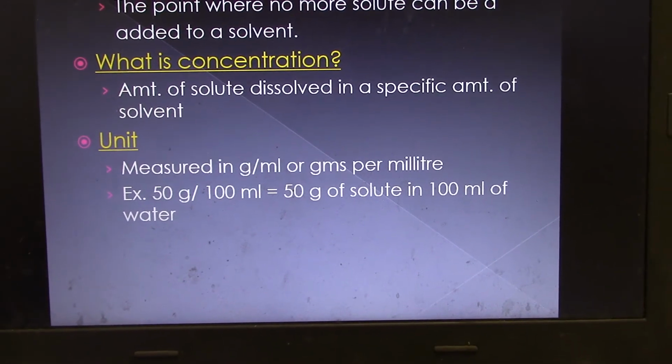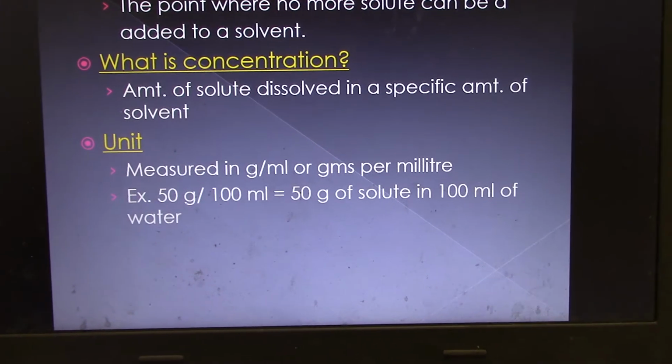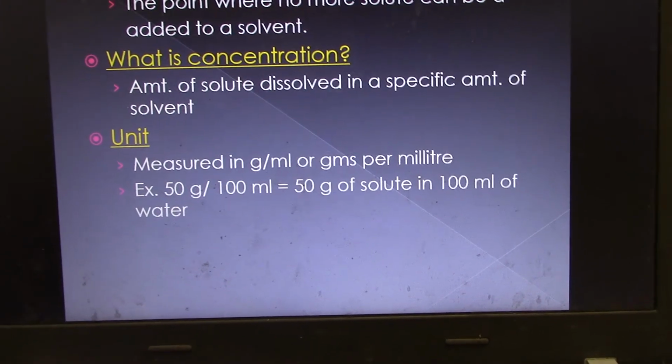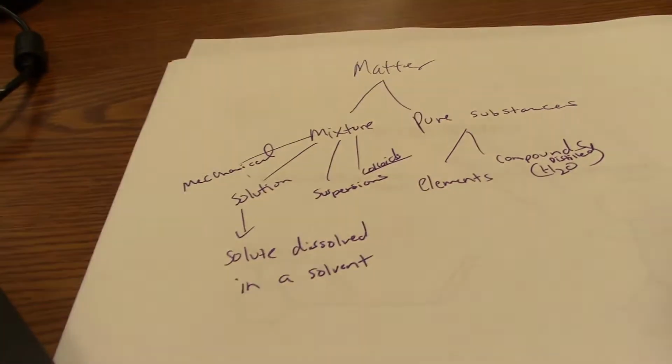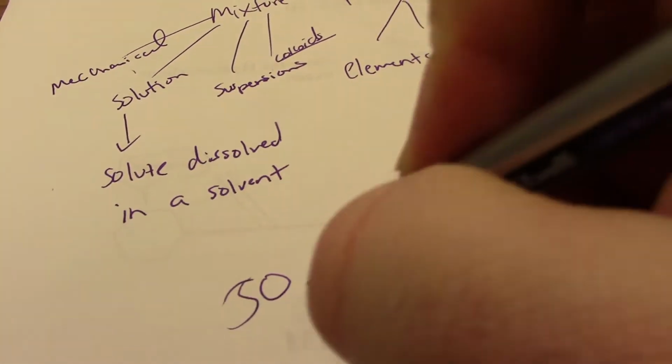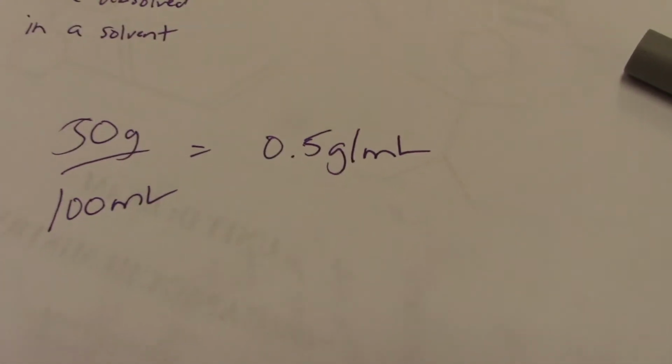So 50 grams per 100 mils of water is the concentration there. If I do the math, 50 grams per 100 mils ends up being 0.5 grams per milliliter. So that would be my concentration.